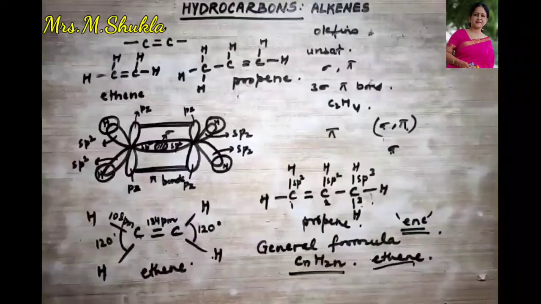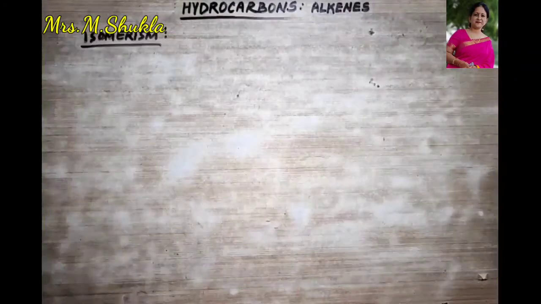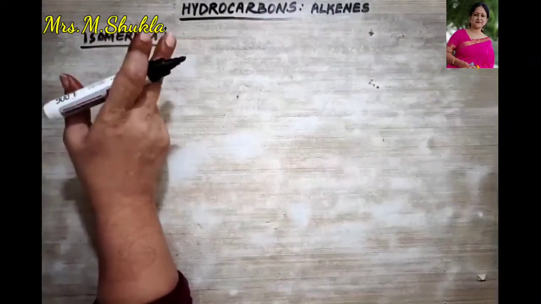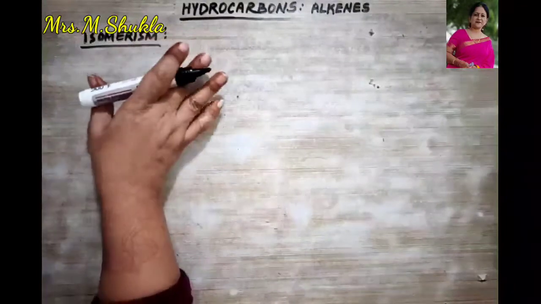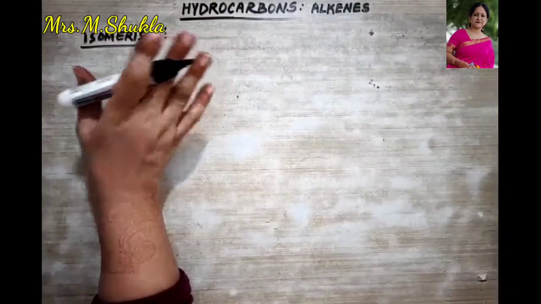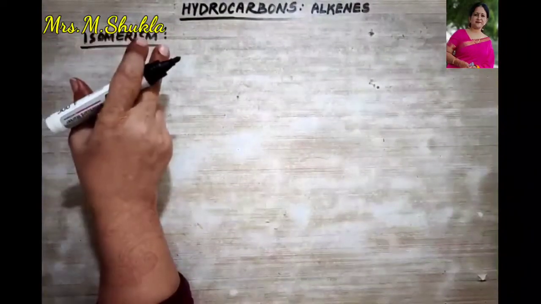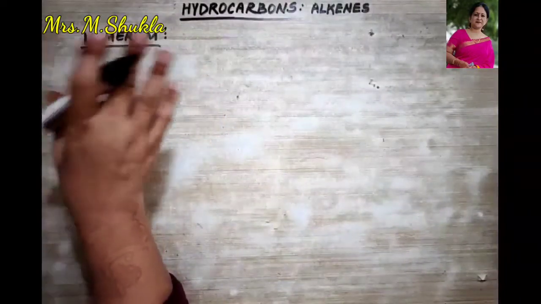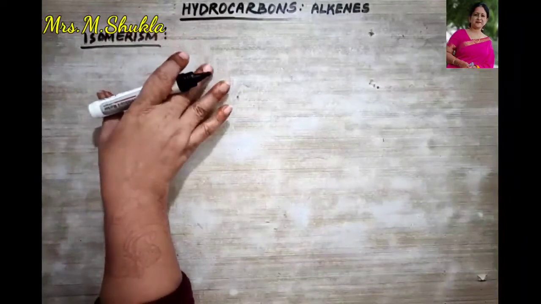isomerism in alkenes. Now let us understand isomerism. Alkenes show structural as well as stereoisomerism, right? They show chain, position and ring-chain isomerism, and these all exhibit geometrical isomerism.